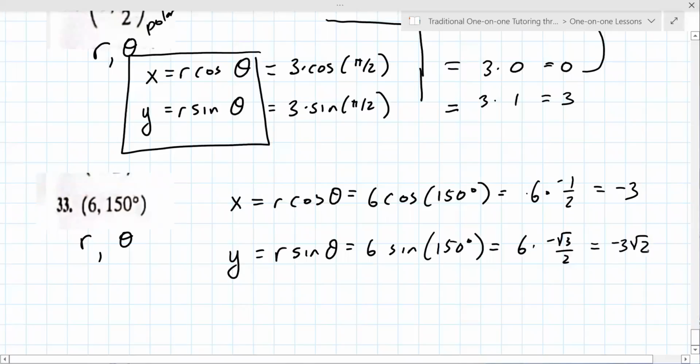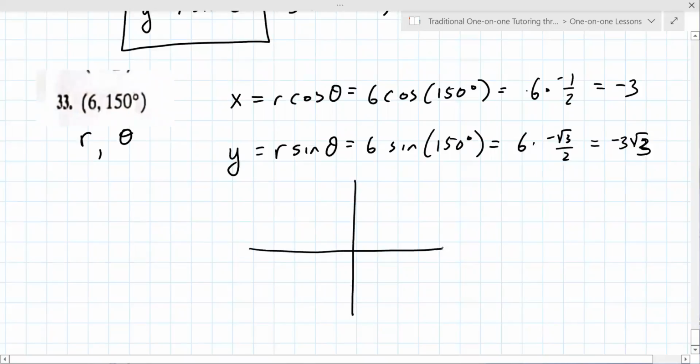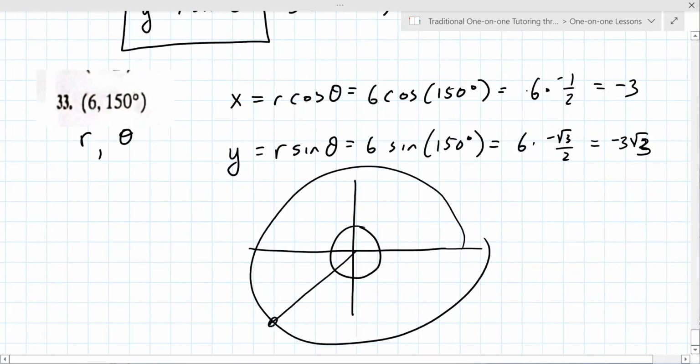Hmm, correction: the ordered pair is -3 root 3 for y. If this is your unit circle, 150 degrees is over here in quadrant 2. This point is not drawn to scale, but it's -3, square root 3.